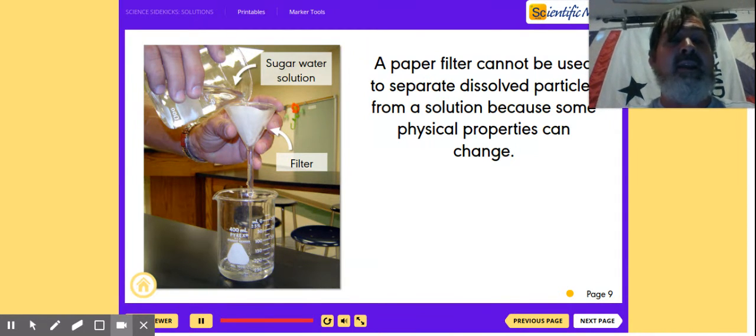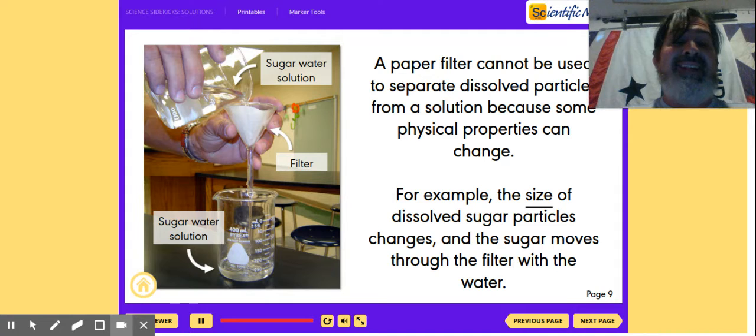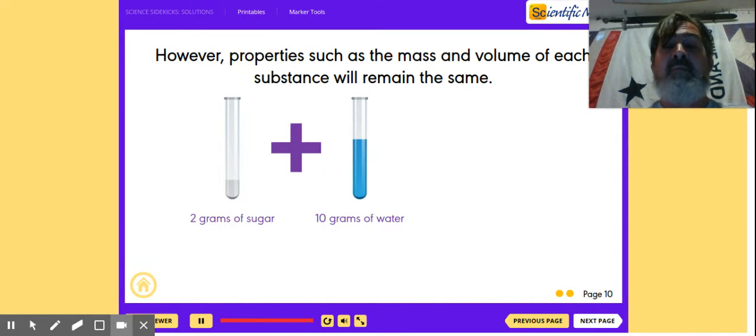The water either has to be boiled or it can evaporate. For example, the size of dissolved sugar particles changes and the sugar moves through the filter with the water. So sugar water would be the same as salt water. You would have to evaporate it or boil it to separate it.